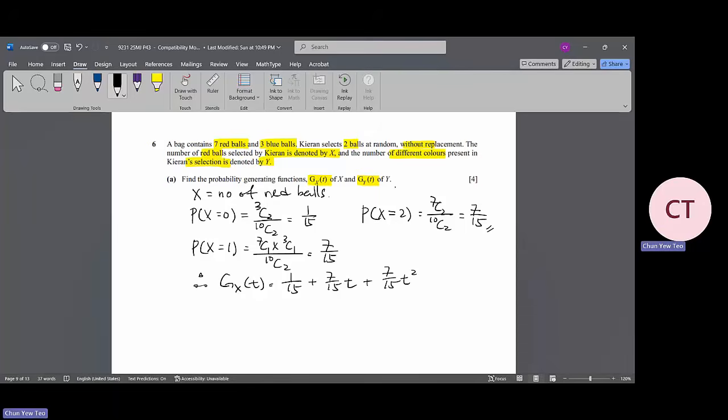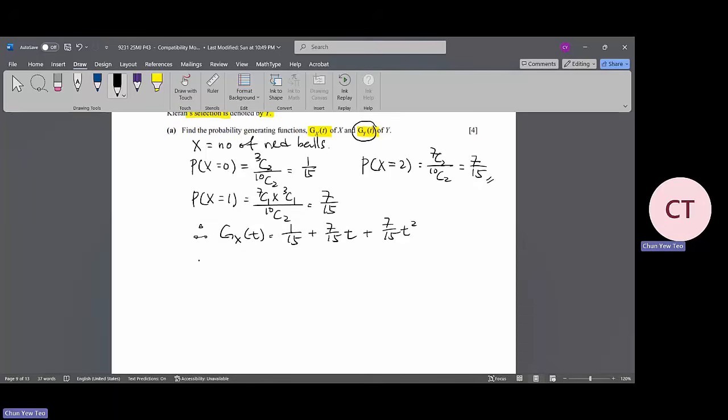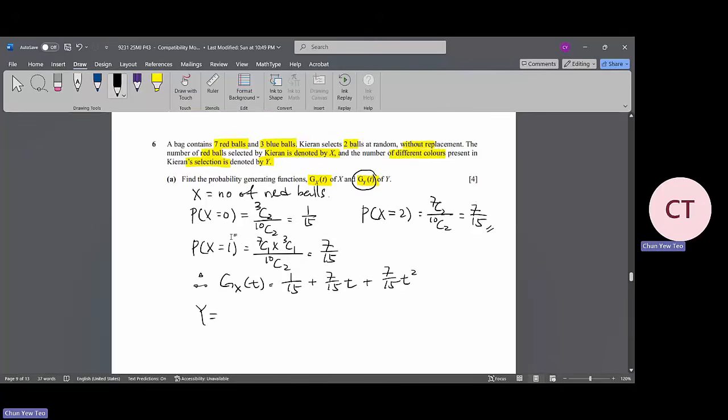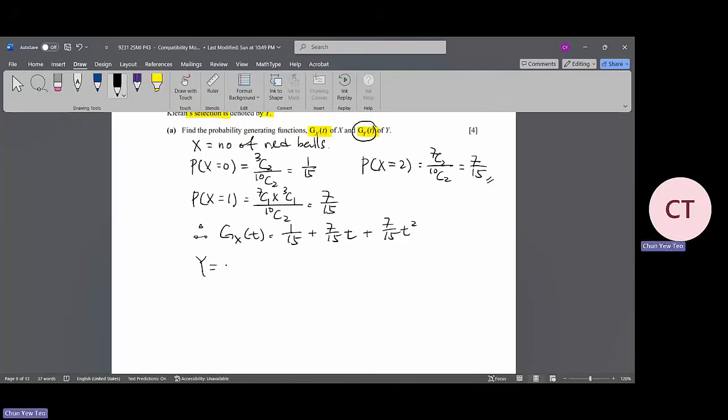Then you have the Y, haven't finished yet. So the Y over here is representing the number of different colors. So this one is a bit controversial. Okay. You can see that this one needs some explanation over here.